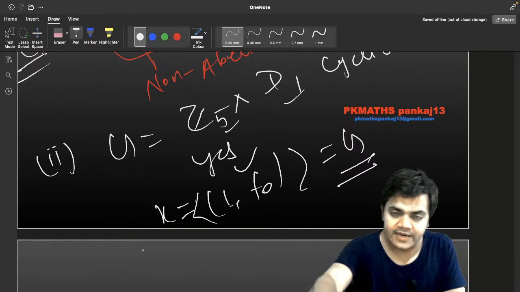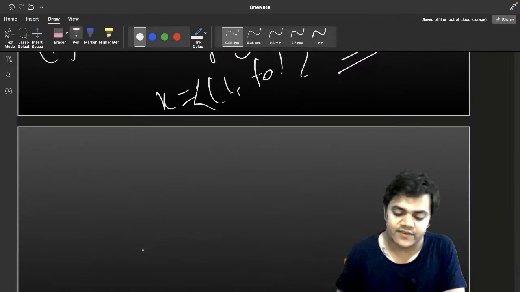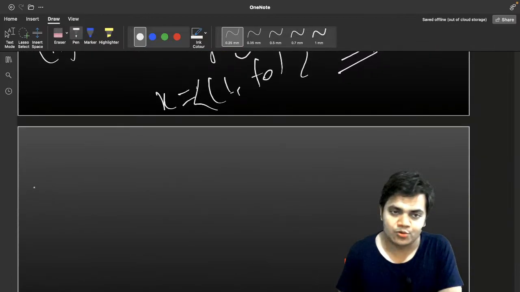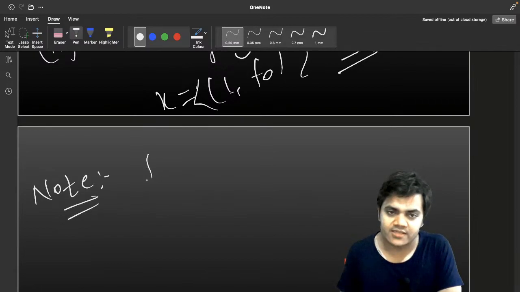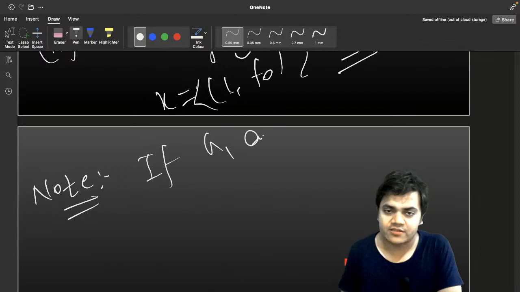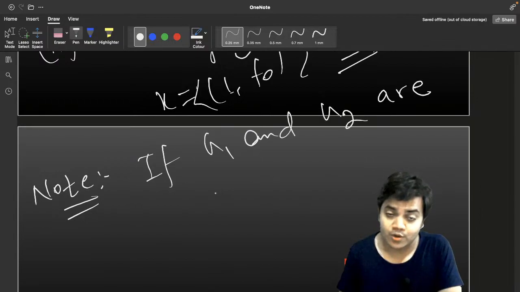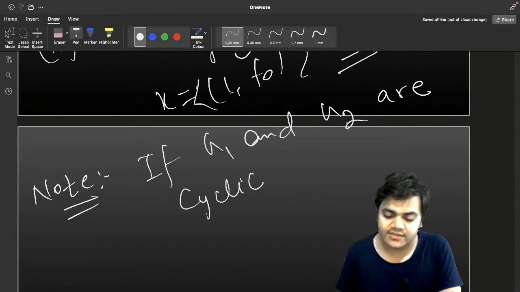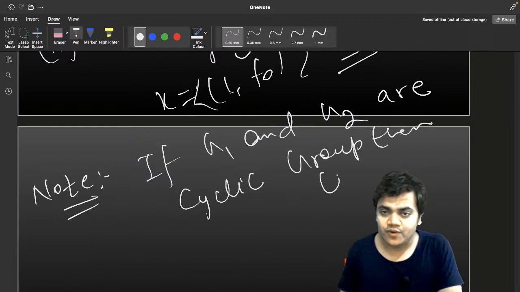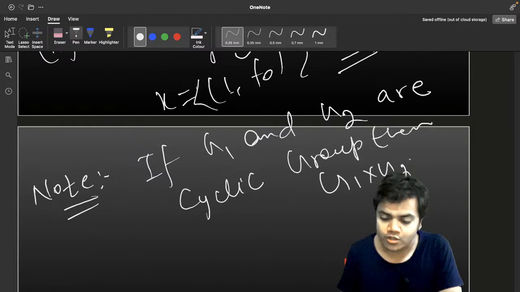And one thing is very interesting, you must note it, a very interesting note. If G1 and G2 are cyclic groups, then their product is not necessarily cyclic. Yes, if G1 and G2 are cyclic groups, then G1 cross G2 need not be cyclic.